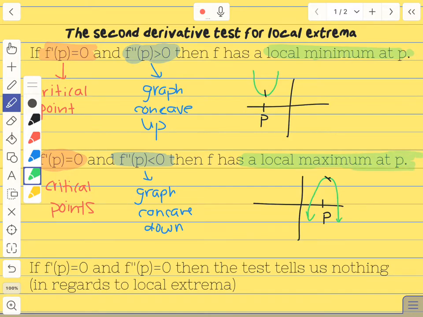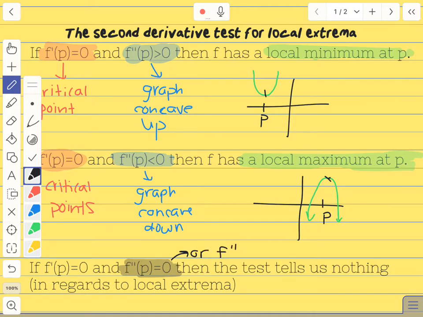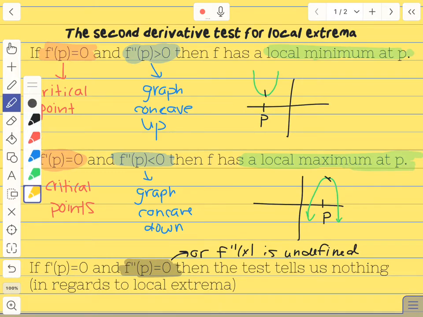Now, we will see that there could be a point where the second derivative is equal to 0, or the second derivative maybe isn't defined. That's another case to consider. If that happens, it won't answer any questions regarding local extrema. That will help us answer some questions in regards to a point of inflection, but we'll come to that in a later demonstration.